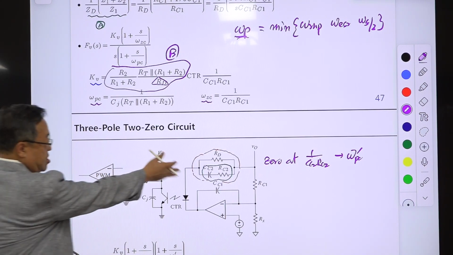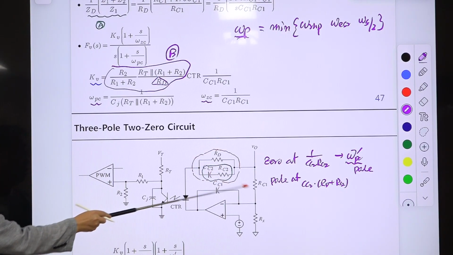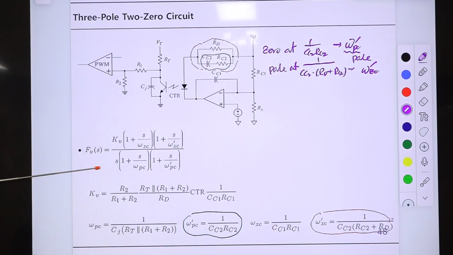Because this GD comes in denominator, eventually this is the pole in the compensation, and its pole frequency is originally determined by this one, CC2 times RD plus RC2. Just there is a loop here. From the loop this is determined. You can easily verify this. Then this becomes omega GC prime.